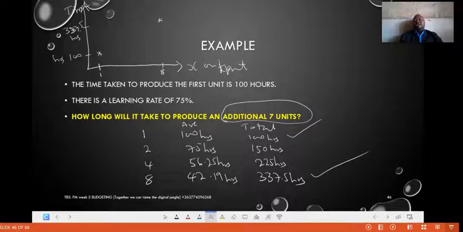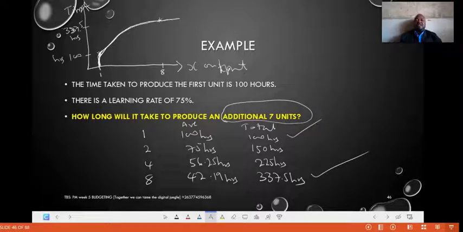The learning curve, ladies and gentlemen, is not linear. It is an exponential function. So the graph is like this. Don't mind my poor drawing. It is something like this. That's a linear function. An exponential function is where the graph is not purely linear.